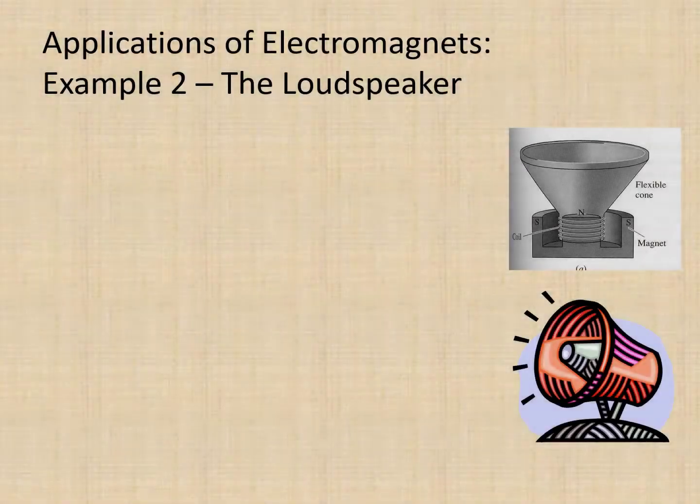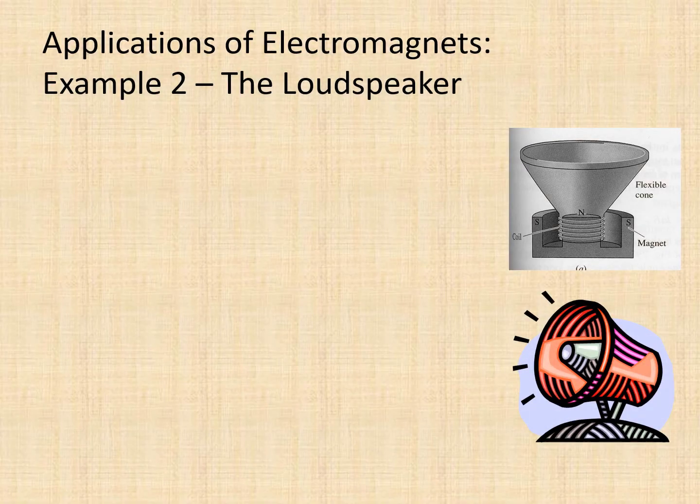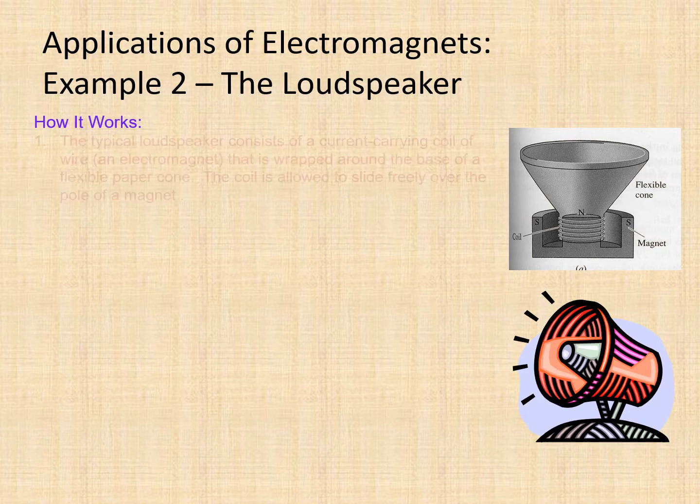Let's take a look at another application of electromagnets, a rather important one for us, and that is the loudspeaker. Whether you're talking about the headphones on an iPod or a rather permanent speaker, the technology is very similar. Let's take a look at how electromagnets can be used to create sound waves.